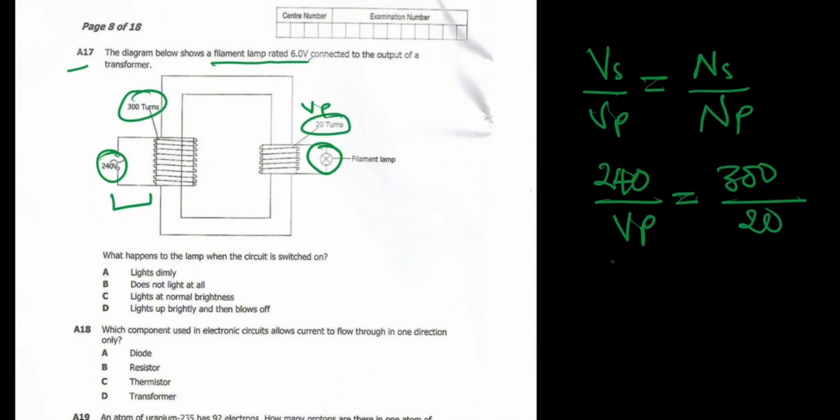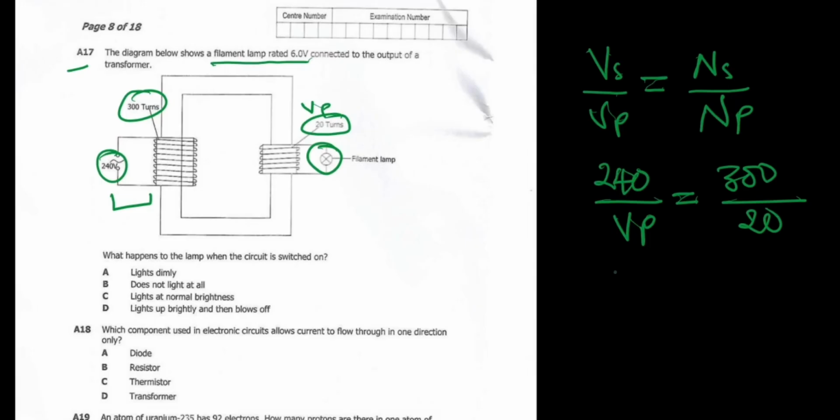And the primary voltage is what we are looking for. So this is Vp. And the number of turns in the secondary circuit is actually 300. So this is 300 turns. And the number of turns in the primary circuit is actually 20. So we're going to have 20 turns there.